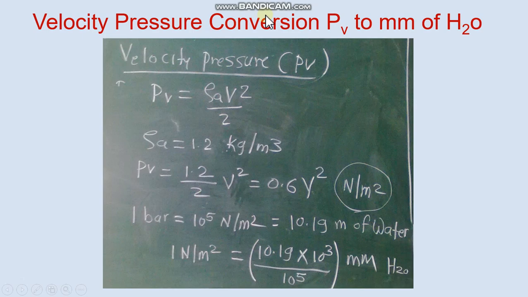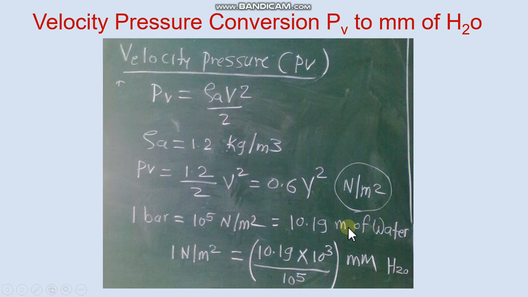Velocity pressure we use in Pascal, also in mm of H2O. Let us see the conversion. Velocity pressure PV is equal to rho A V square by 2, where rho A is the density of air, 1.2 kg per meter cube. By putting this value we get PV equal to 0.6 V square Pascal. Now the relation between bar and meter column is 10.19 meter.